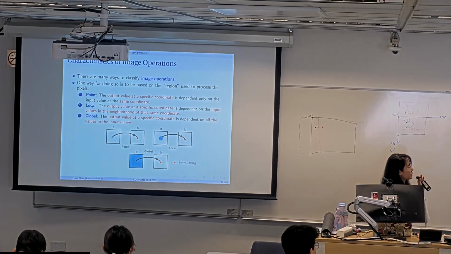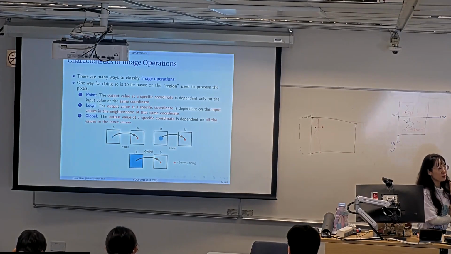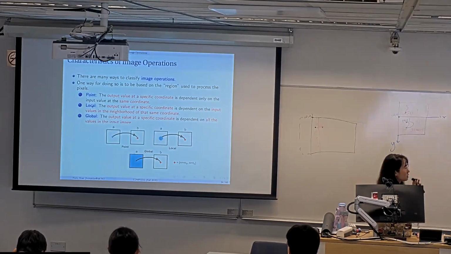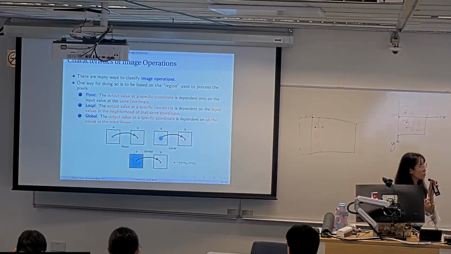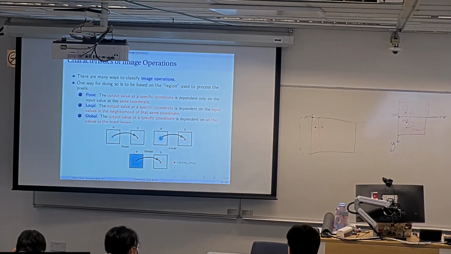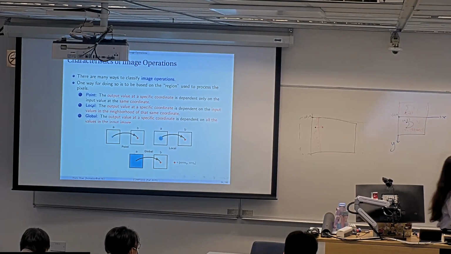In local-based operation, the output value at a specific coordinate is dependent on the input values in the neighborhood of the same coordinate. So to get the value for this new point, we have to consider a small neighborhood here. That is, we have to use the values of all the pixels inside the neighborhood to get the new value for one point. That's the local-based.